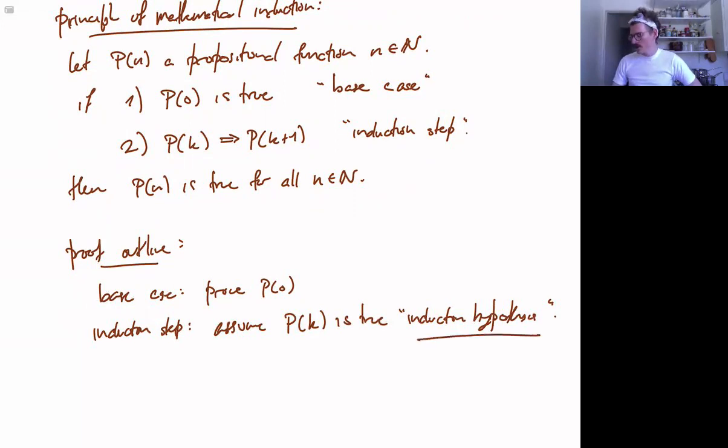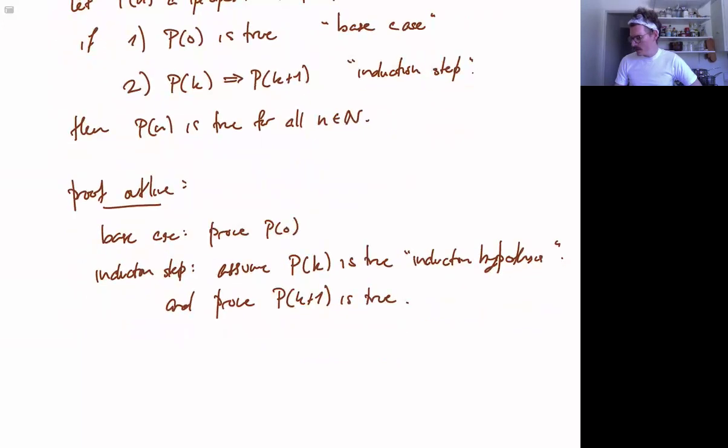So assuming the induction hypothesis, you assume this is true, and you prove that P of k plus 1 is true. And you may see many simple variations, like P of k minus 1 implies P of k or something, different letters.